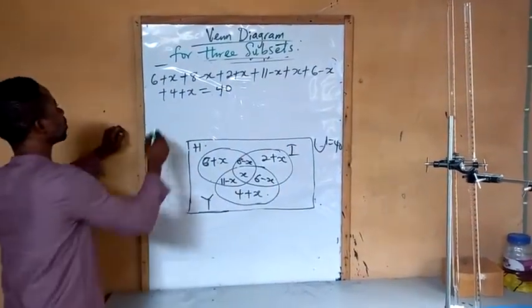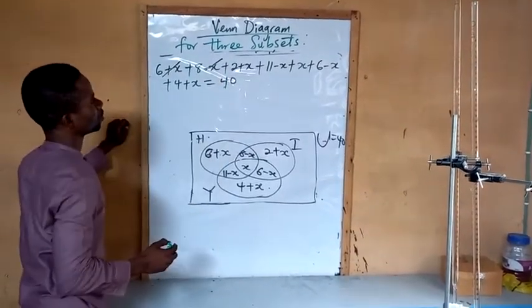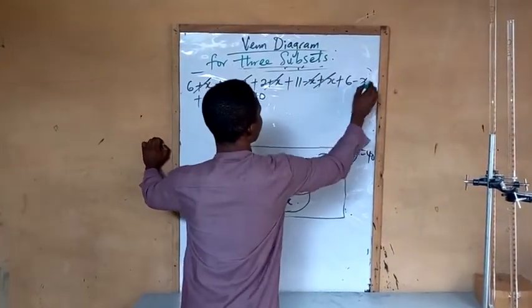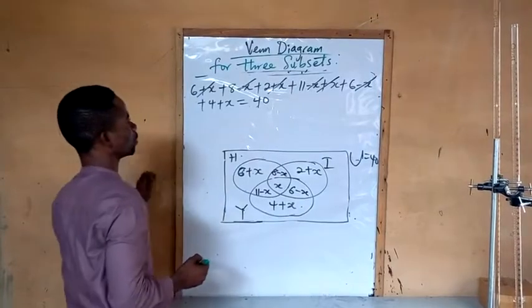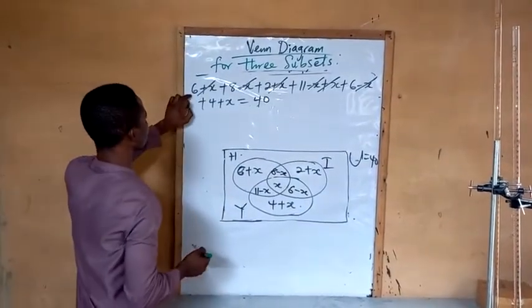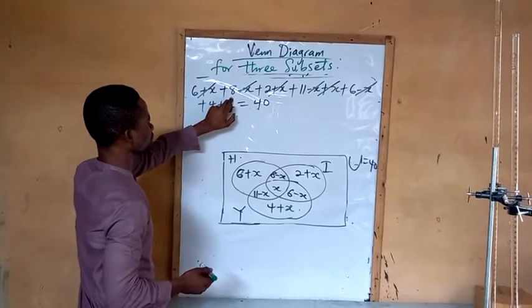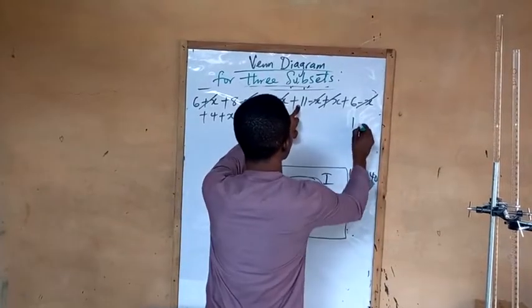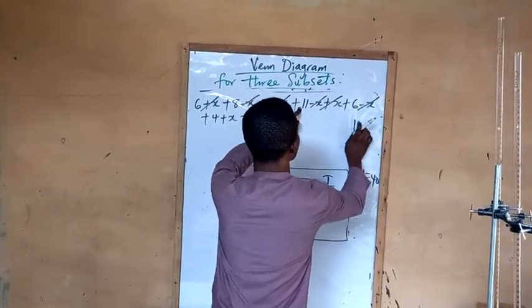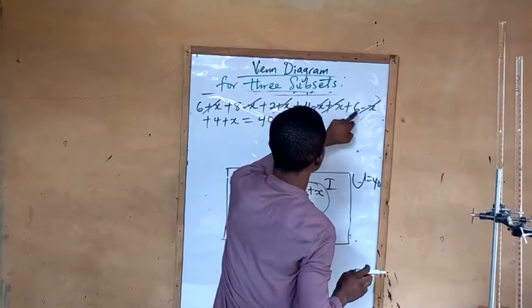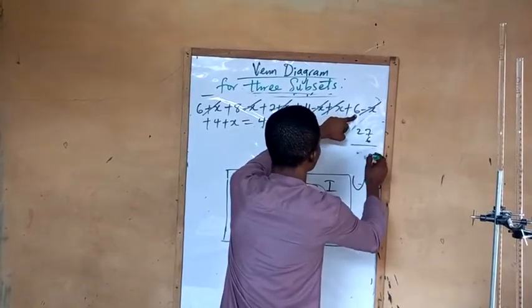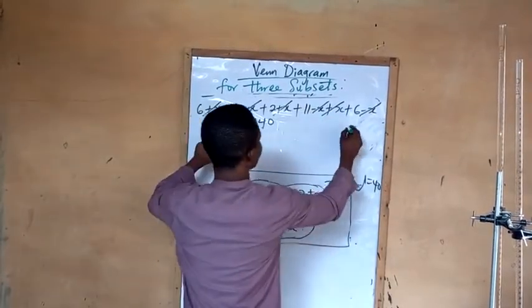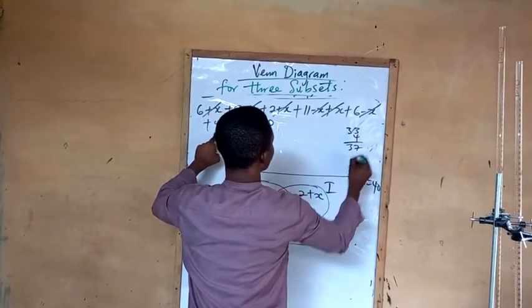Now, if you look at this, plus X cancels minus X, plus X cancels minus X, and plus X cancels minus X. Now, what do we have? We have 6. 6 plus 8, we have 14. 14 plus 2, we have 16. 16 plus 11, that's 27. 27 plus 6, we have 33. 33 plus 4, we have 37.